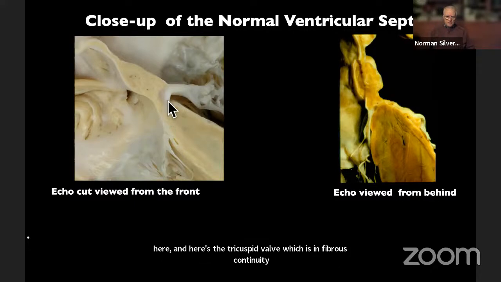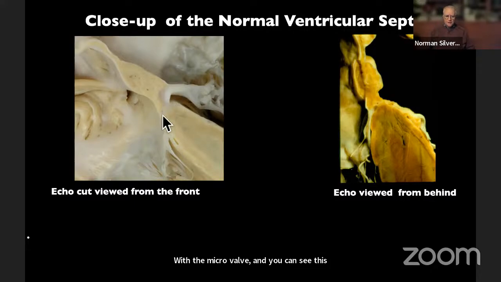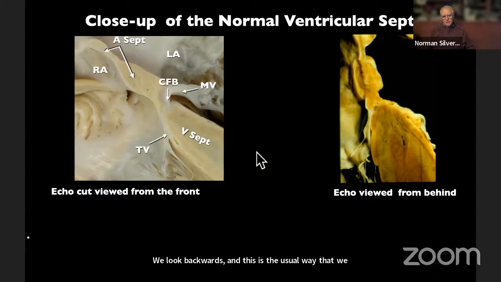And you can see this fibrous part of the skeleton that is part of the valve as we look backwards. And this is the usual way that we look at the ventricular septum when we look at it echocardiographically, noting this fibrous communication between the mitral and tricuspid valve as the central fibrous body.